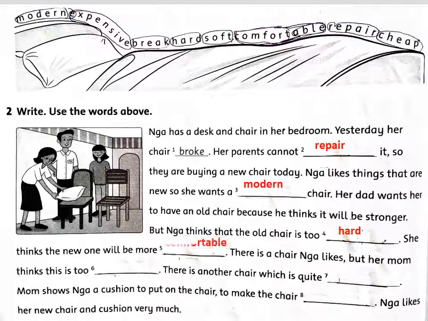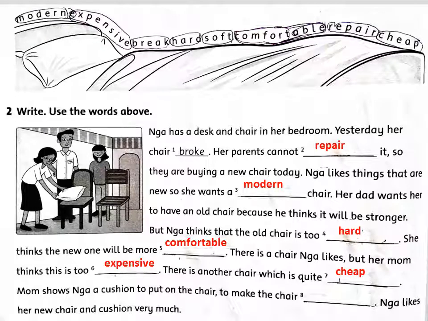Good. There is a chair Nga likes, but her mom thinks this is too. The chair Nga likes is modern and comfortable, so it's expensive. Good. There is another chair which is quite not expensive, cheap. Good.